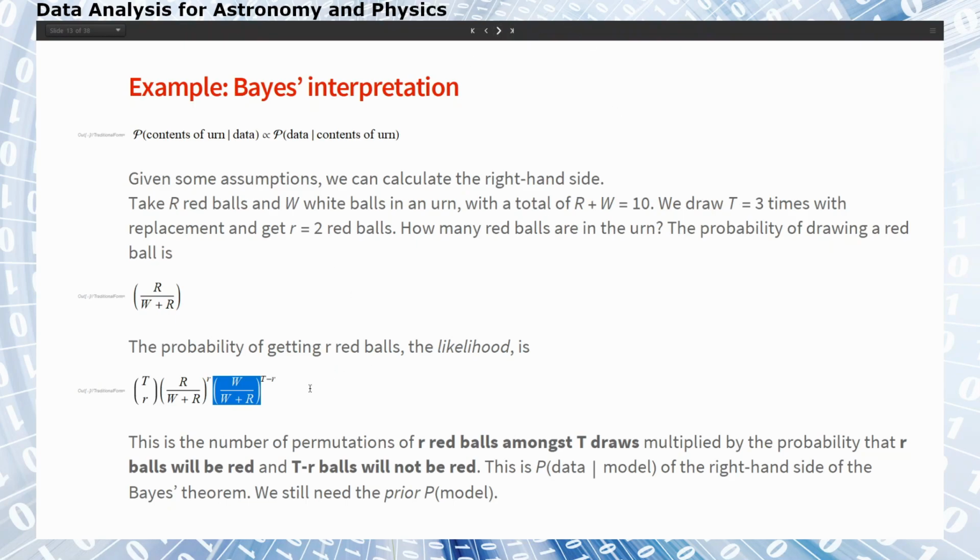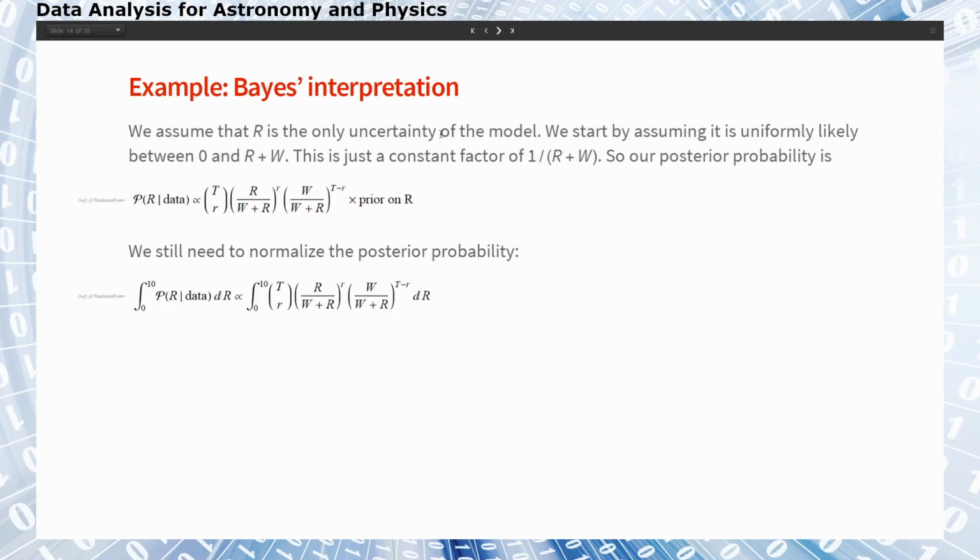And what we still need to do is make an assumption on R and W. It can be that we have 0, 1, 2, 3, 4, 5, maybe up to 10 red balls. And the number R is the only uncertainty, because we know it's 10 balls in total.